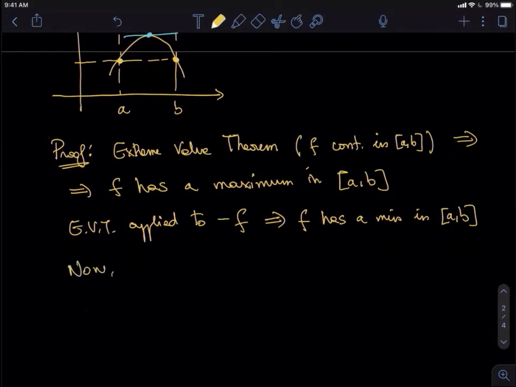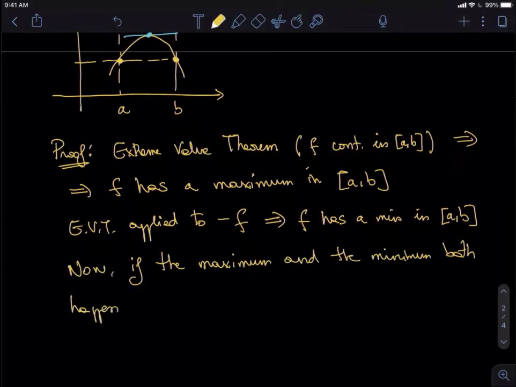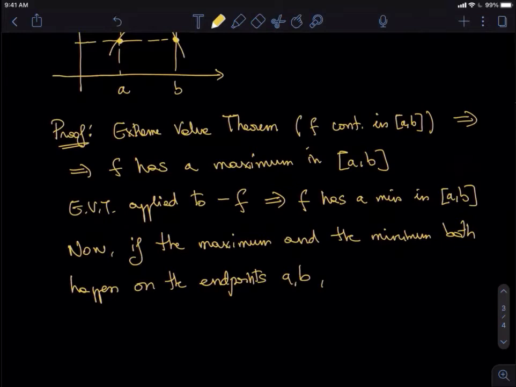Now, if the maximum and the minimum both happen on the boundary, on the endpoints a and b, then what happens? Then the function must be constant.